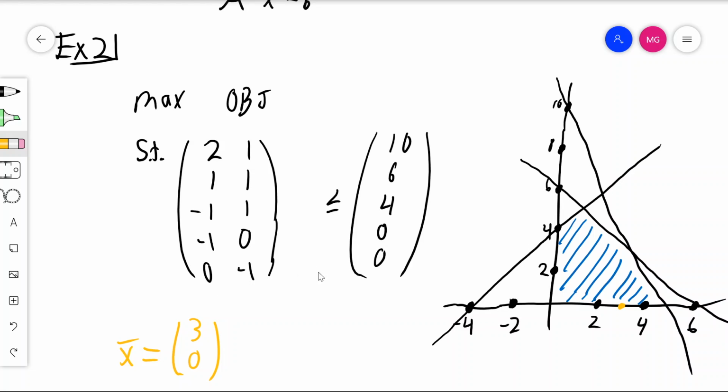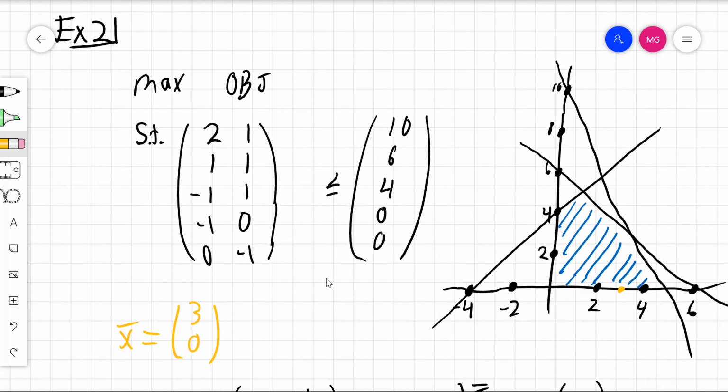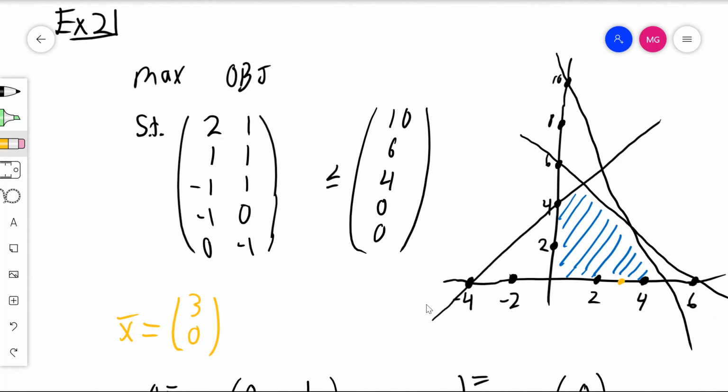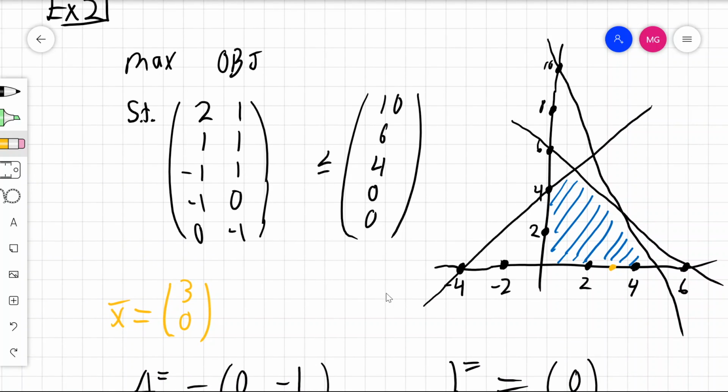So that's this bottom constraint right here. This fifth constraint here, there's 1, 2, 3, 4, 5, is the one that's tight for this point x bar in yellow.